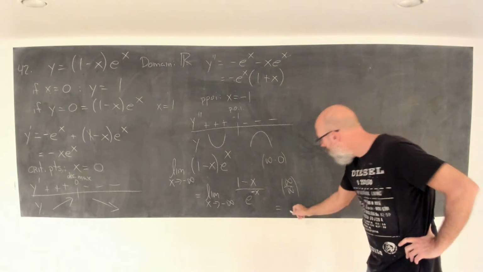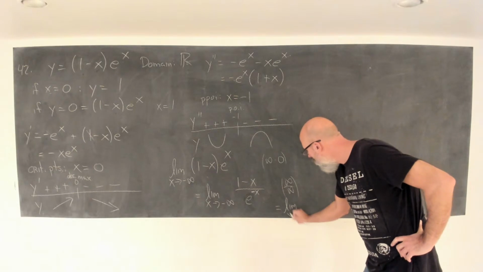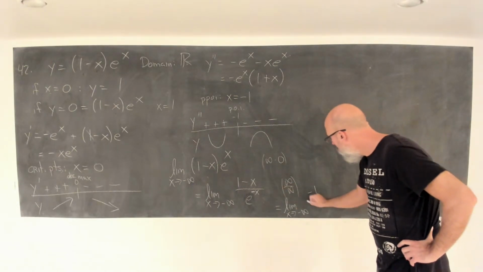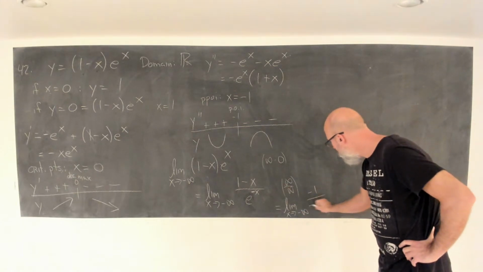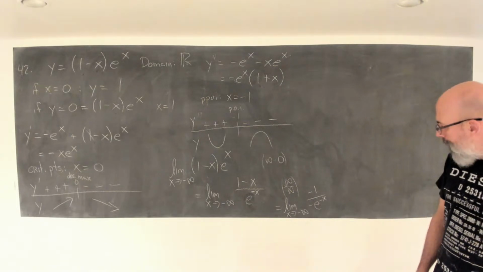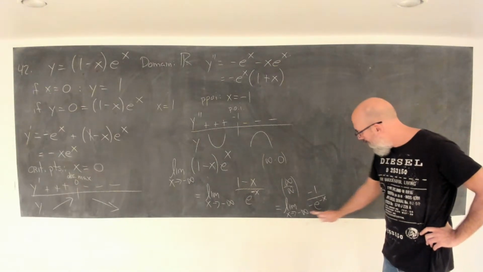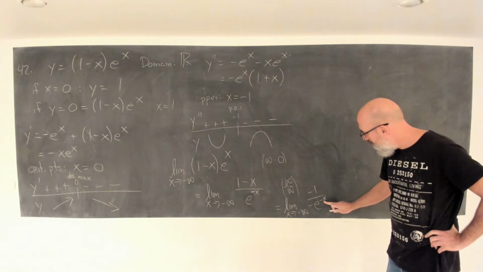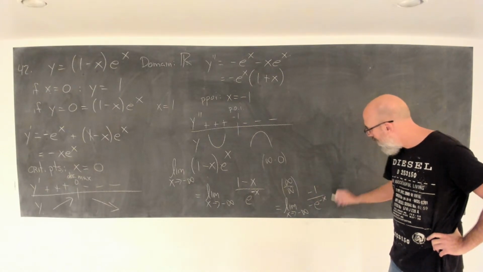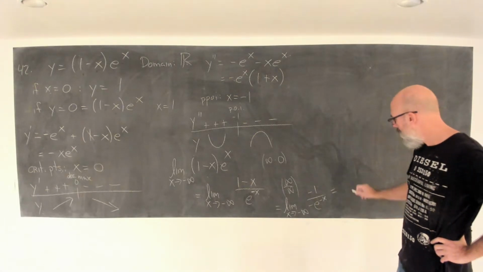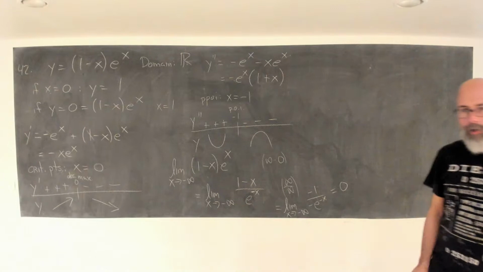Well, I mean, we want to do L'Hopital's rule. Derivative of the top, derivative of the bottom. And as x goes to -infinity, this goes to infinity, e to the infinity is infinity. So 1 over infinity is, you tell me, you know what it is.